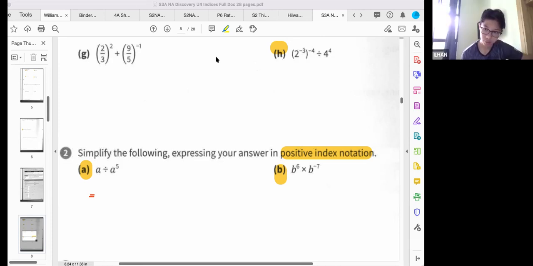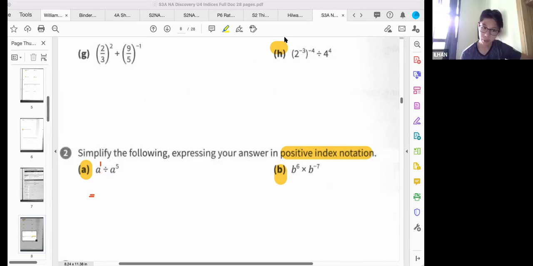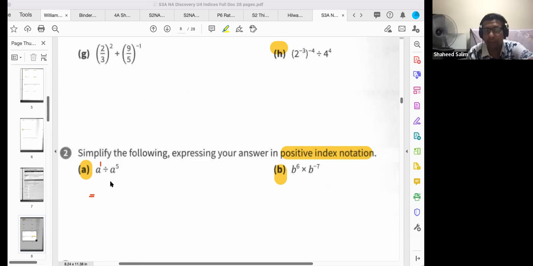A6. Okay, hold on. Now this is 1. You go in plus. So divide means you must minus the power. Yeah, minus. Wait. I put -5, sorry. Negative 5. But 1 minus 5 is a to the power negative 4.